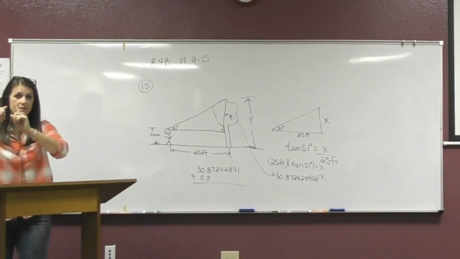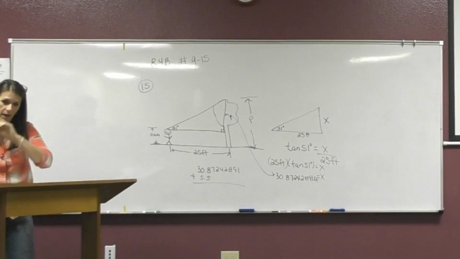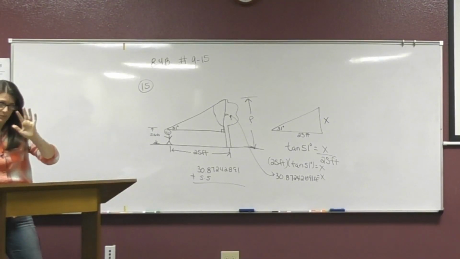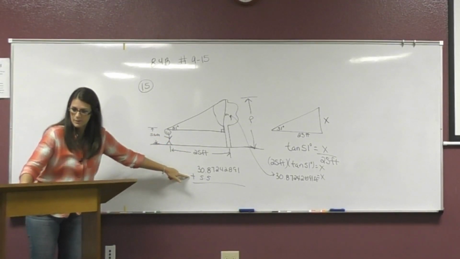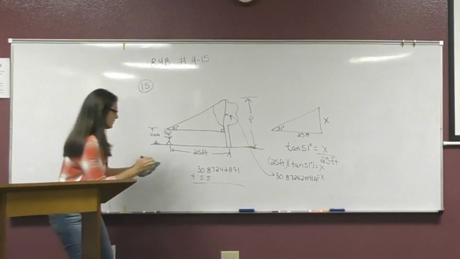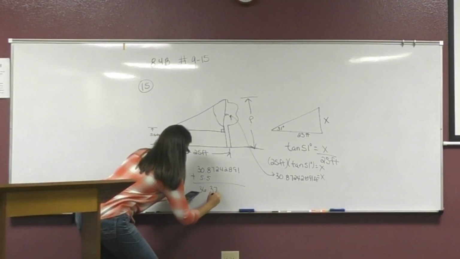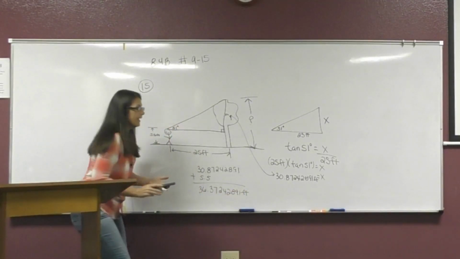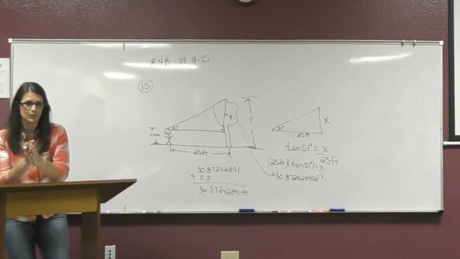The more that you retype numbers, the greater chance you have of making a mistake, okay? So leave that number in your calculator. Don't clear it out. All right. So then from here, you can just go plus 5.5 equals, okay. So we've got 36.3724281 feet, okay? Now that we've added all of our numbers, now it's safe to round, okay?